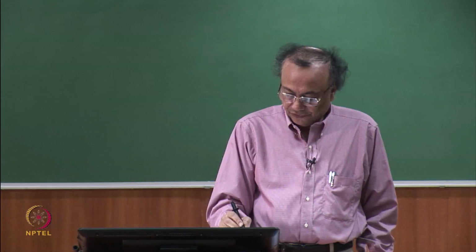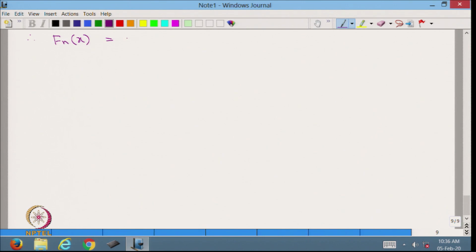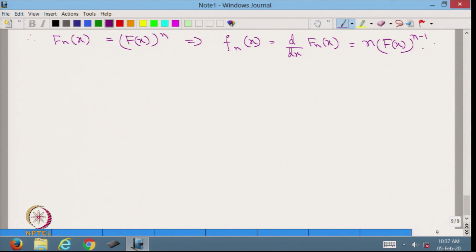Therefore, F_n(x) is equal to F(x) whole to the power n, implies small f_n(x), which is equal to d/dx of F_n(x), is equal to n into F(x) to the power n minus 1 times f(x). So, that is the PDF of the nth order statistic.